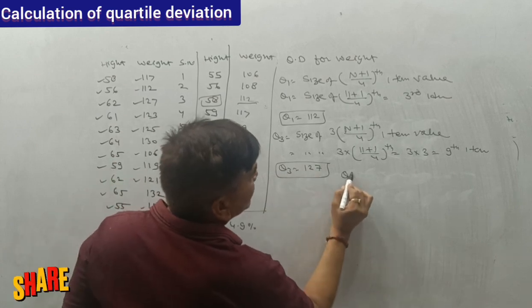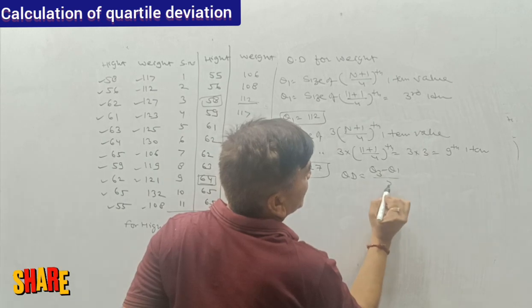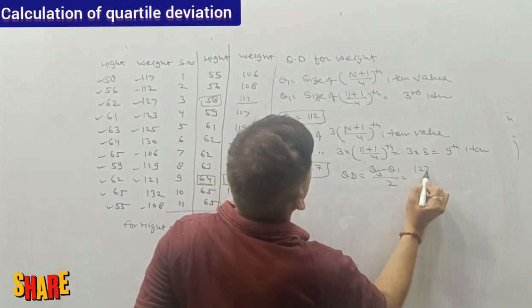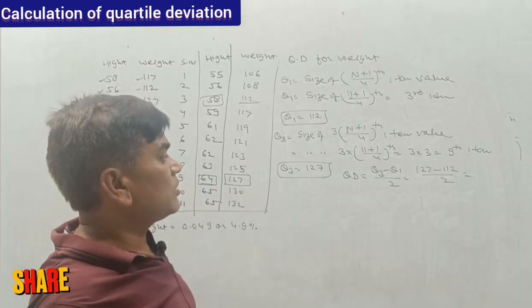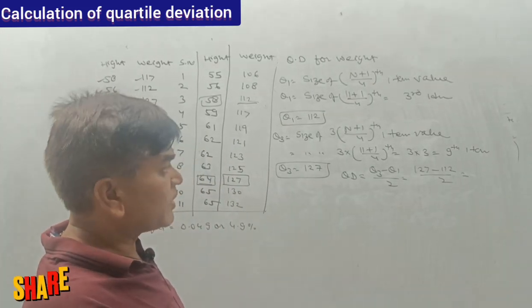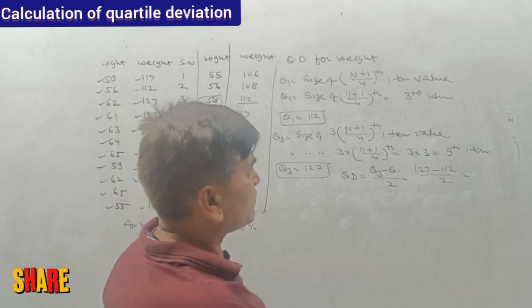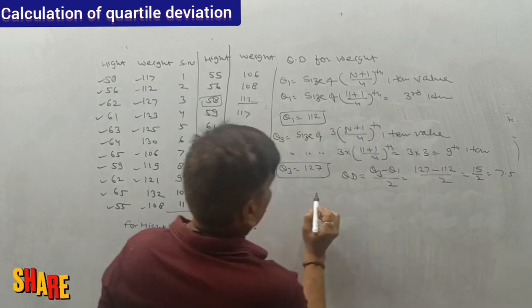So the value of quartile deviation is equal to Q3 minus Q1 divided by 2, 127 minus 112 divided by 2, that is 15 divided by 2, 7.5.